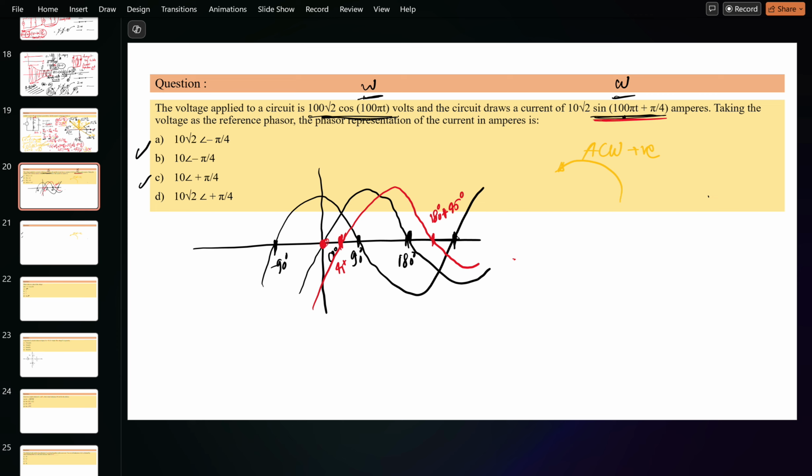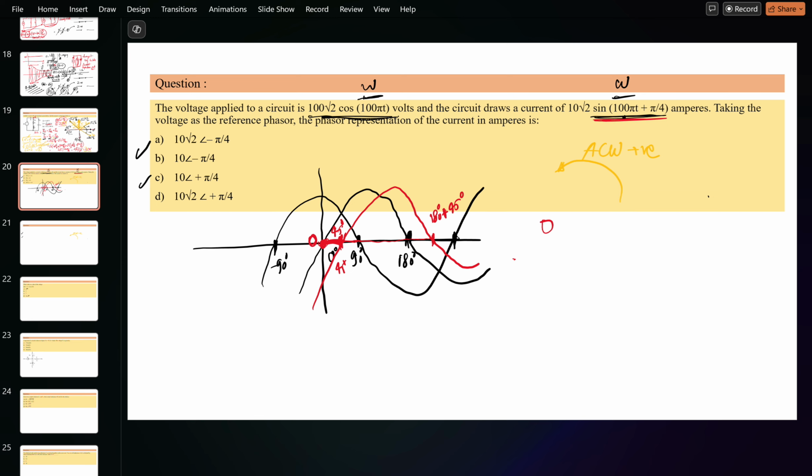Why 180 plus 45? Because it is leading by 45 degrees, at each place it is shifted by 45 degrees.